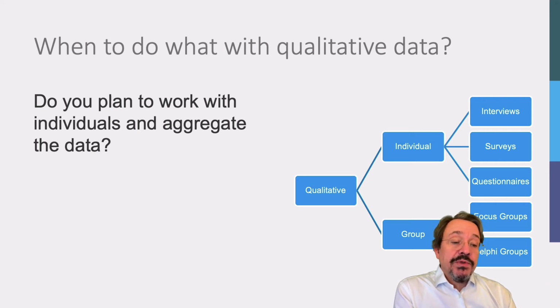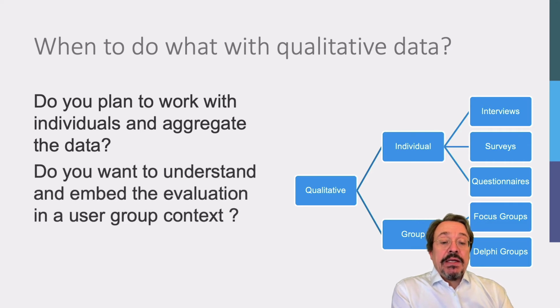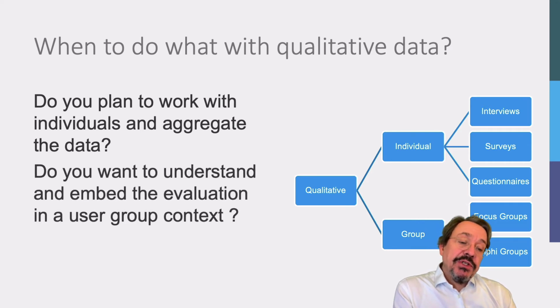Or you work with groups in focus groups or Delphi groups, and there are also other methods for the groups. So the decision between individuals and groups also has to do with the context. So how important is probably the social context you want to take into account, and so on.